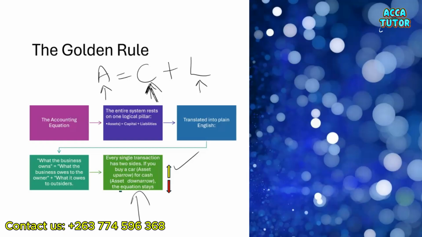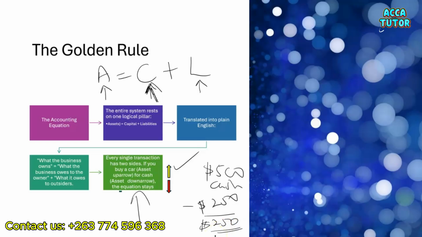In the bank, it was a bank asset. So let's say we had $500 in the bank as cash. But we buy a car for, let's say, $250.